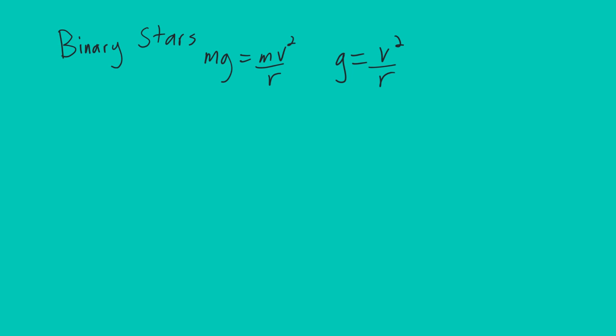So let's look at our example again. We had a binary star that was smaller and another one that was bigger. And then we had some distance between their centers, right? This was the diameter. And usually, and always, the center of mass is their center of rotation. So we have one radius and another radius.